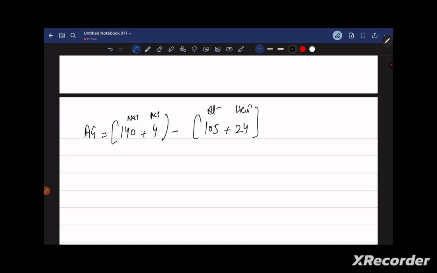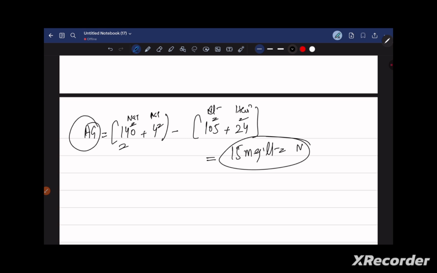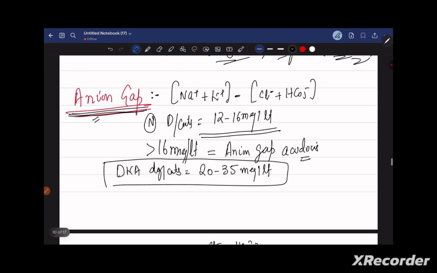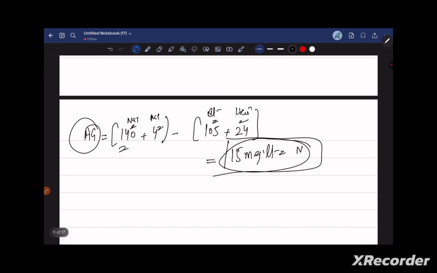So this will give you an anion gap of 15 milliequivalents per liter. I told you that the normal is 12 to 16, so this is the normal anion gap.